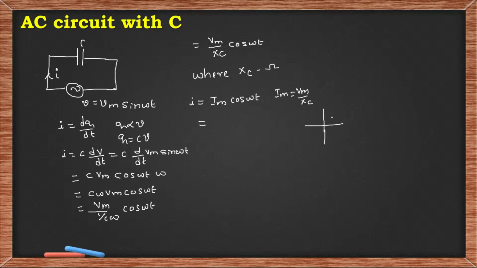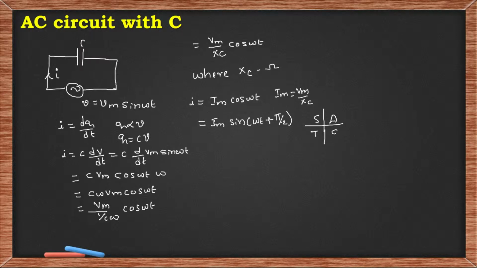As you know, all students take coffee, or all silver teacups. In the second quadrant, sin is positive, so therefore I want to convert this equation as Im, instead of cos omega t, I'll write this as sin omega t plus pi by 2.